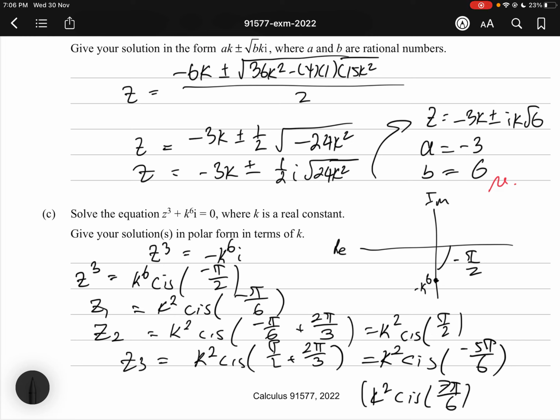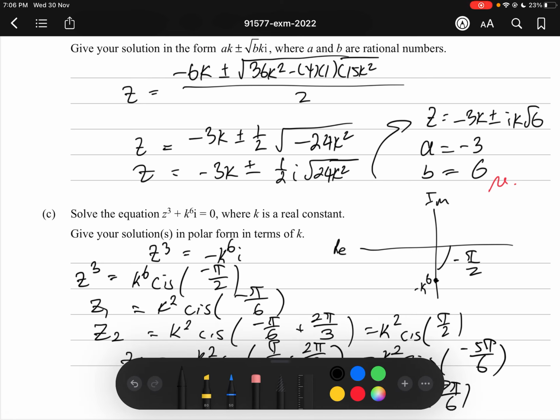However, we prefer to write it so that the absolute value of the angle is less than pi. So we rewrite it looking from the anti-clockwise direction: 7 pi over 6 equals negative 5 pi over 6. So those are the 3 solutions of the equation.